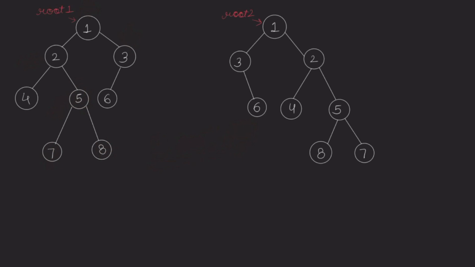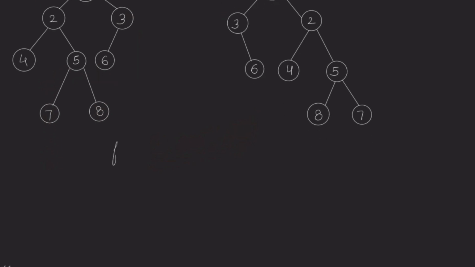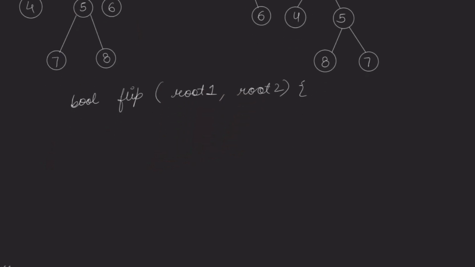For recursion, we'll create a recursive function. So let's name it flip, right? So it will give us a boolean whether the two trees are flip equivalent or not. So it will receive two pointers, one pointing to the current node of tree 1 and another pointing to the current node of tree 2. Right. Now inside this, the base conditions will come to that.